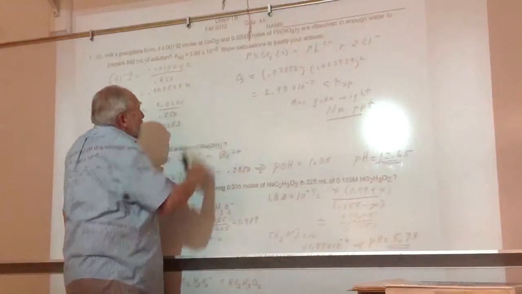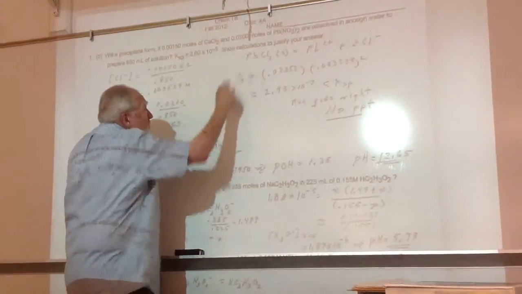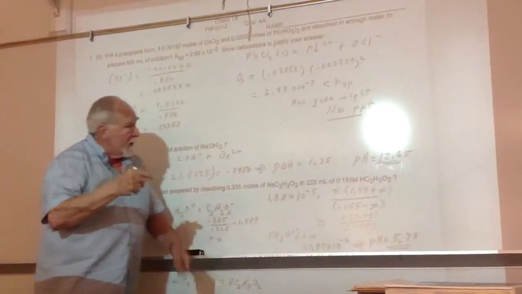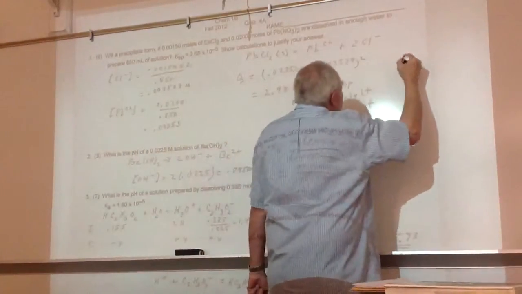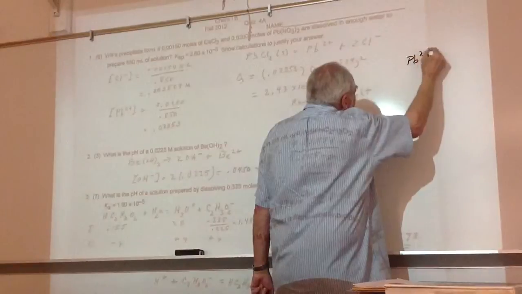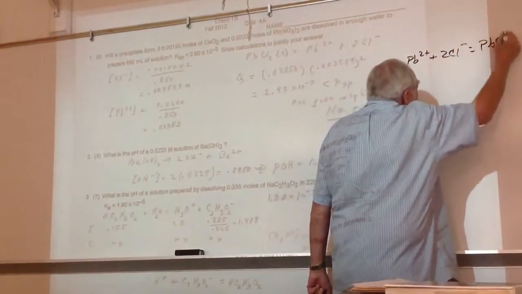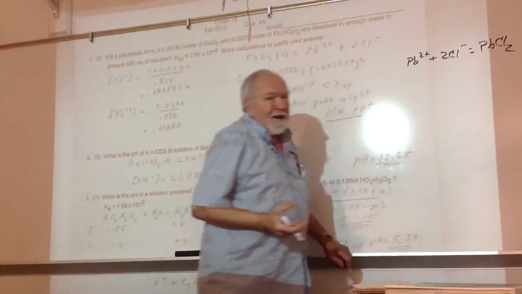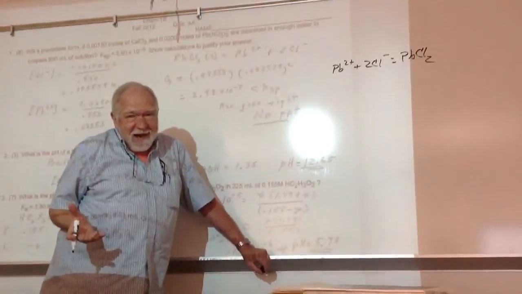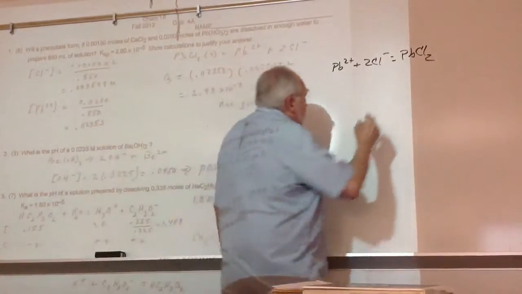Okay, so basically, we wanted to calculate Q for this reaction. A couple of people calculated what? Oh, I'll tell you, because you don't see all the things I see. That is a reaction, but the K for this would be what?